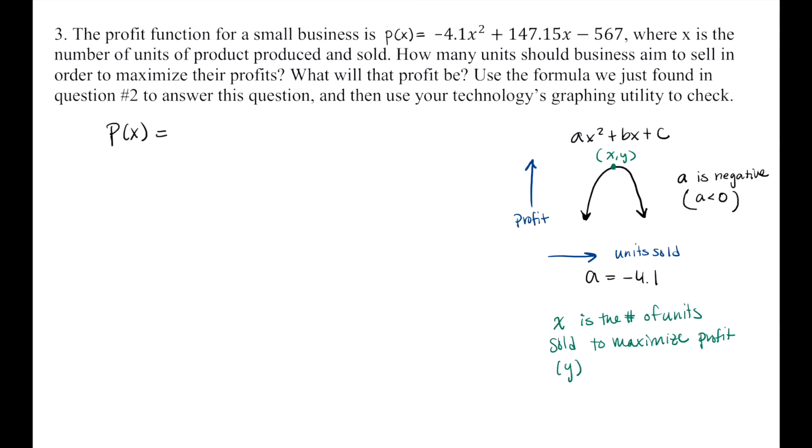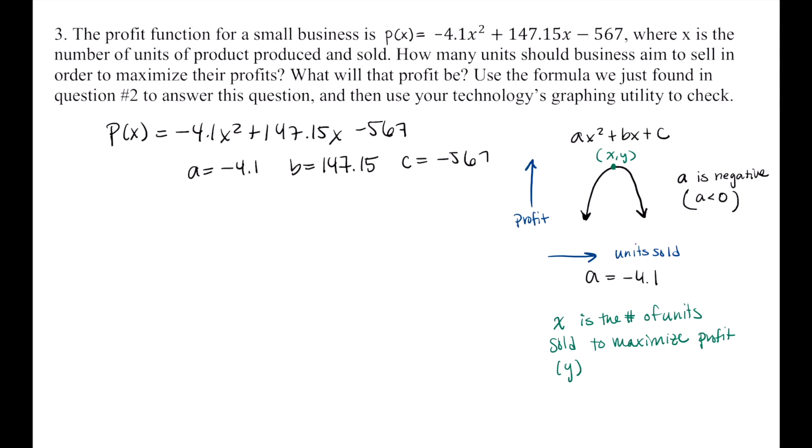So let's write this down, negative 4.1x squared plus 147.15x minus 567. That is my function that models profit. So a equals negative 4.1, b equals 147.15, and c equals negative 567.